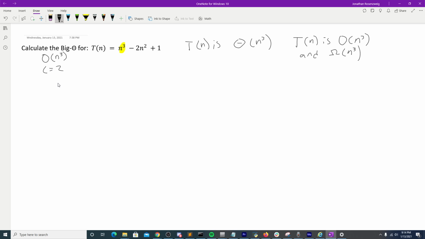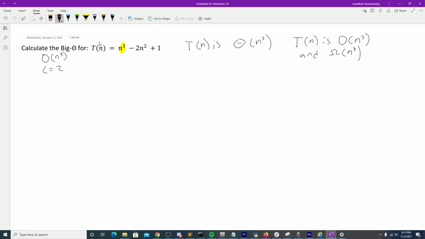And previously I said that we can find our n naught by setting c times f of n equal to T(n) and solving for n. I realize now that that's not a good approach for finding n naught, and that's because there are two instances where it's difficult. The first instance is if the equation is not solvable, so not all equations intersect.